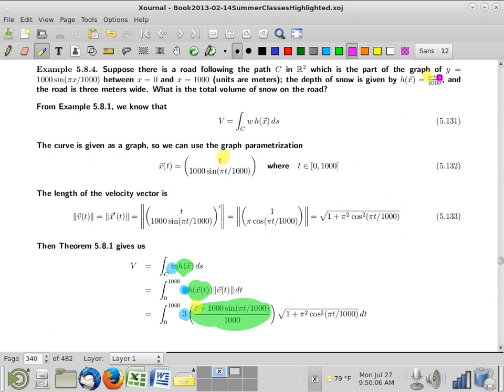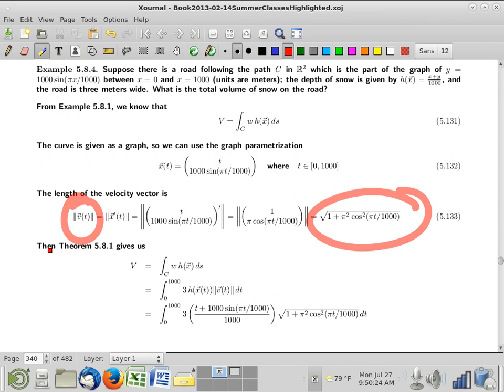Y is that thing. All right, so just plug it in. And then I just have to insert the stretching factor, this annoying stretching factor that we just computed. And there's your integral. That's a single variable calculus integral, whose computation will give us the answer in question.